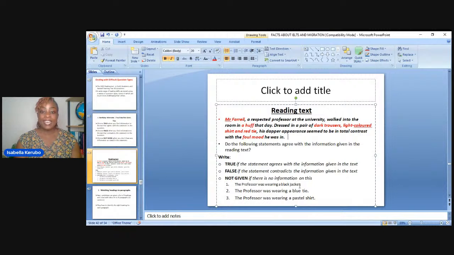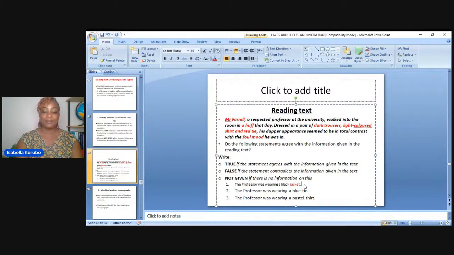As you are reading the questions, remember also you are supposed to highlight or underline the keywords. So what am I looking for? I'm looking for the jacket that the professor was wearing. But when you go back to the text, there is nothing like a jacket mentioned here. So straight away, the answer to question number 1 is not given.